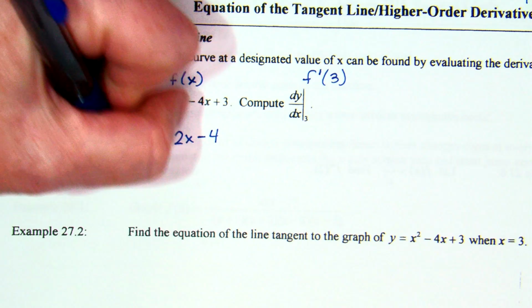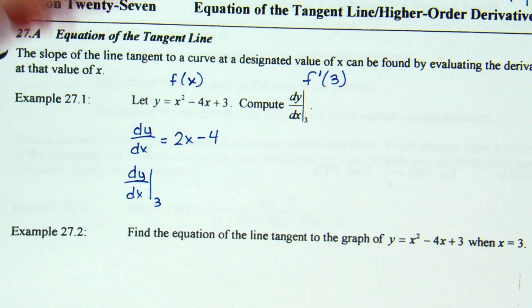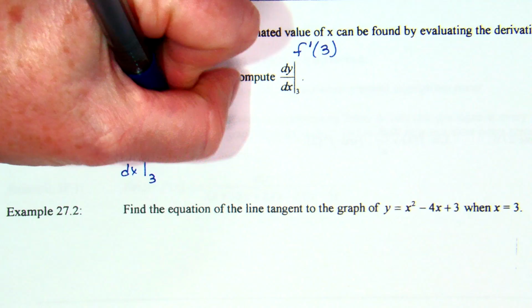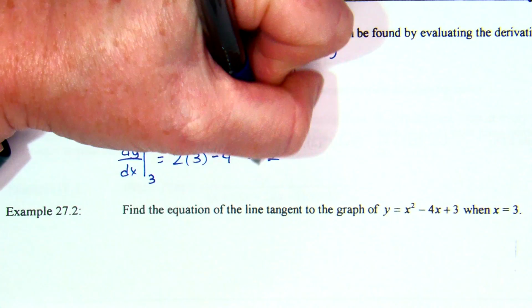Now, that's dy dx. We're asked to find dy dx evaluated at 3. So that means we're plugging the 3 in. 2 times 3 minus 4 is 2, because 6 minus 4 is 2.